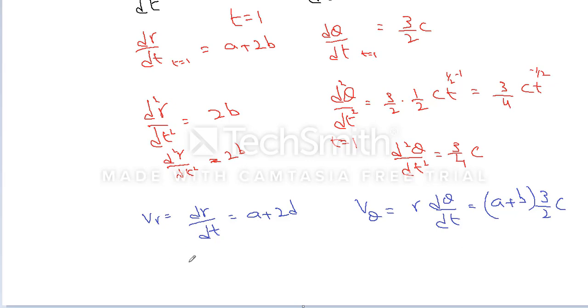Now we will find the radial and transverse component of acceleration. ar is equal to d square r over dt square minus r (d theta by dt) square.